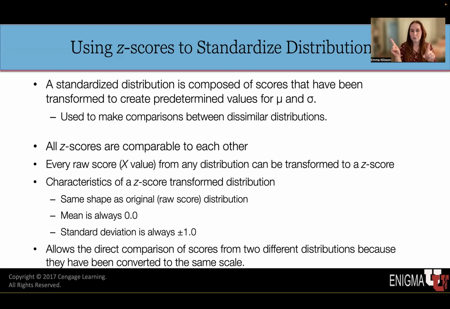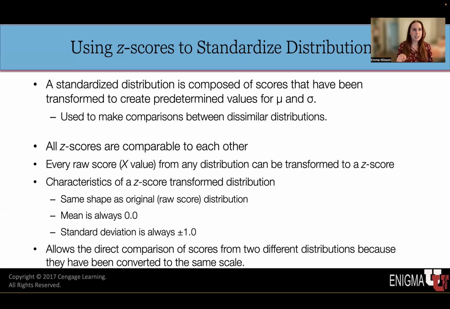Two raw scores from two different distributions aren't going to tell you very much. But if you transform them into z-scores, then you can compare those two raw scores from two totally different distributions because you know how many standard deviations above and below the mean each of those scores is.